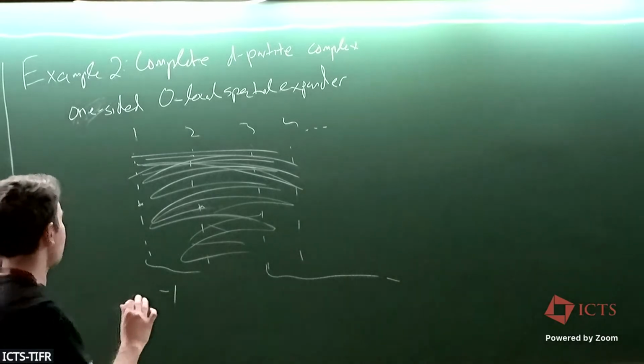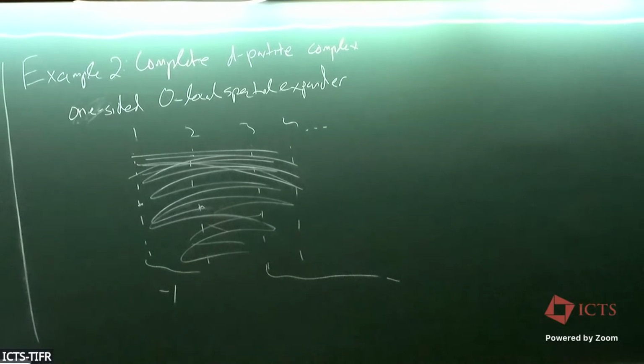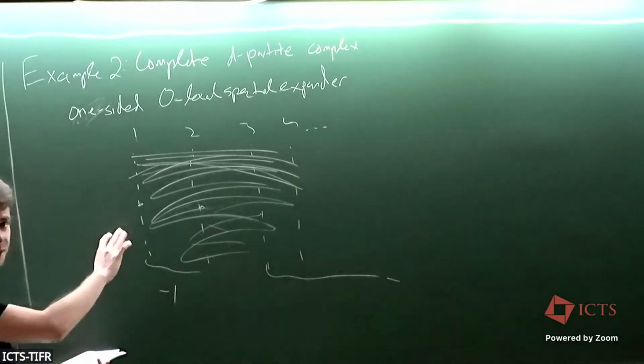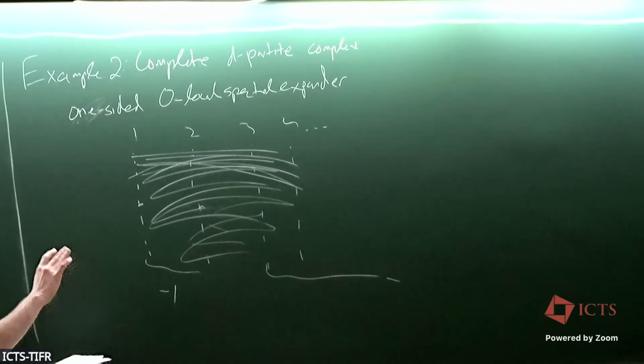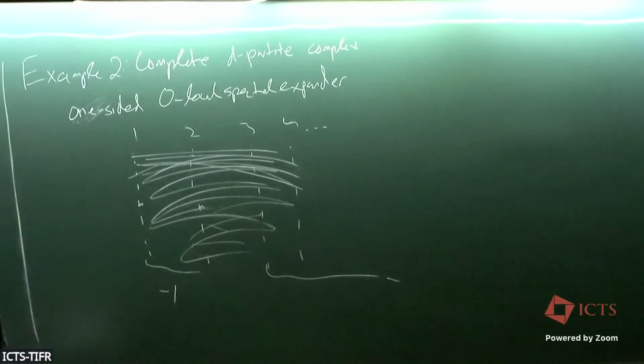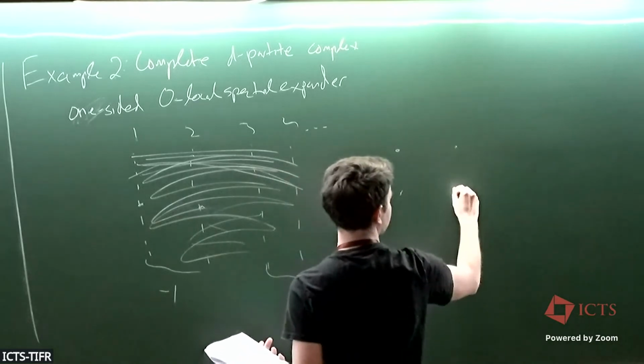Actually, I want to spend a little bit more time on this example. I already said that this is sort of equivalent to looking at independent random variables. I just want to highlight that, for instance, if I just have 2 vertices on each part, this is an object that hopefully all of you are very familiar with the properties of.